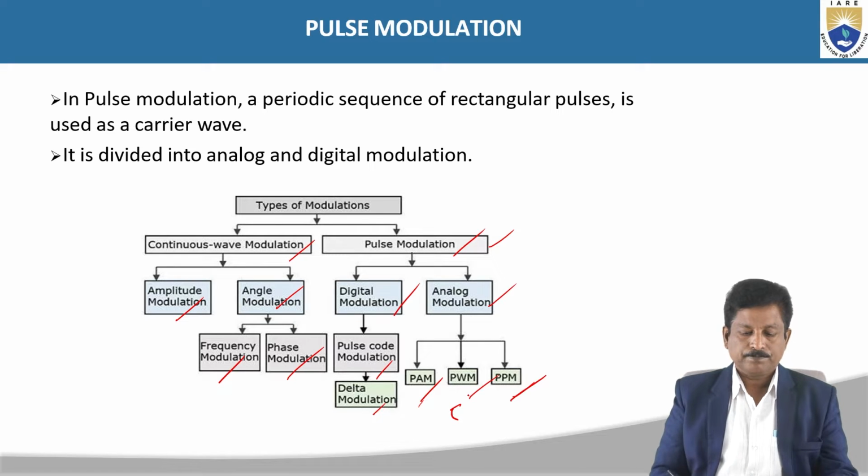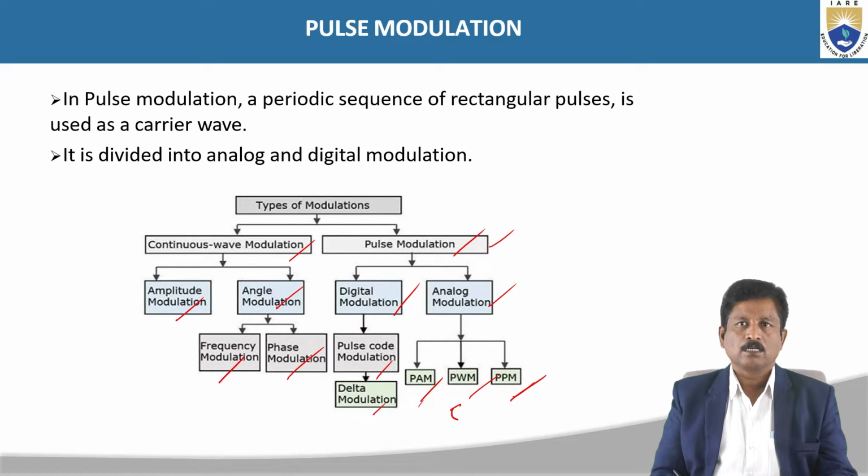Whereas in pulse width modulation, the width of the pulse is varied according to the instantaneous value, or strength, of the modulating signal. The same is known as pulse duration or pulse time modulation.